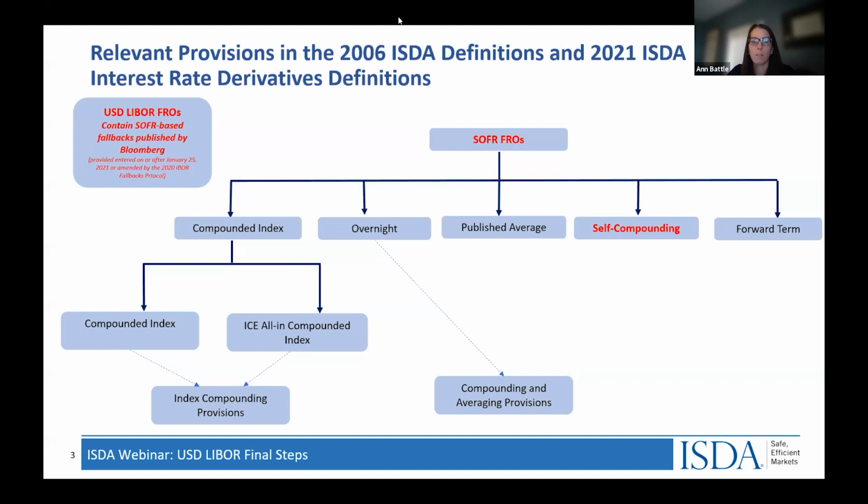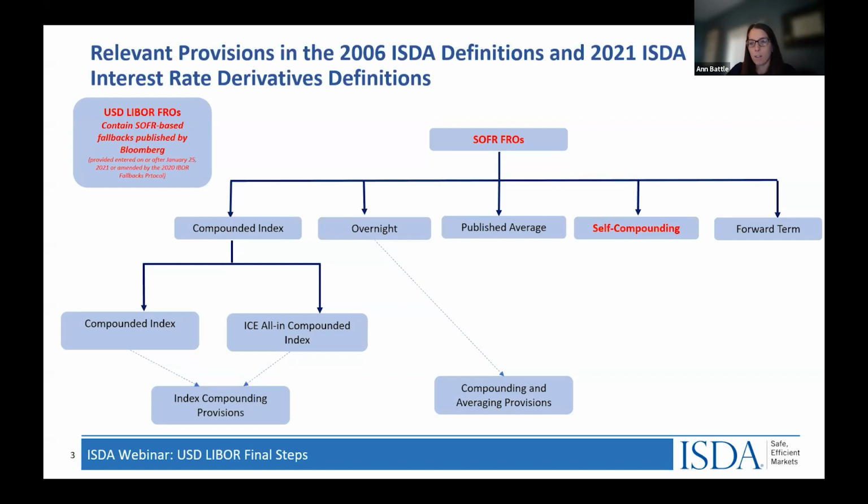In the box to the far left of the screen, you have US dollar LIBOR floating rate options, or FROs. The important thing to understand there is that if you have a non-cleared derivatives confirmation that references one of those US dollar LIBOR floating rate options, then within that floating rate option, you have the fallbacks to the SOFR-based rates that are published as fallbacks by Bloomberg and that Jonathan will go over shortly.